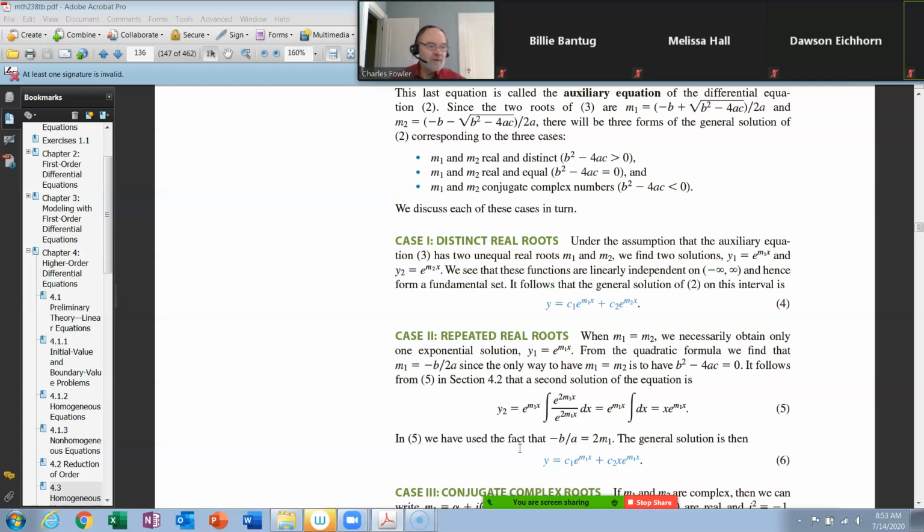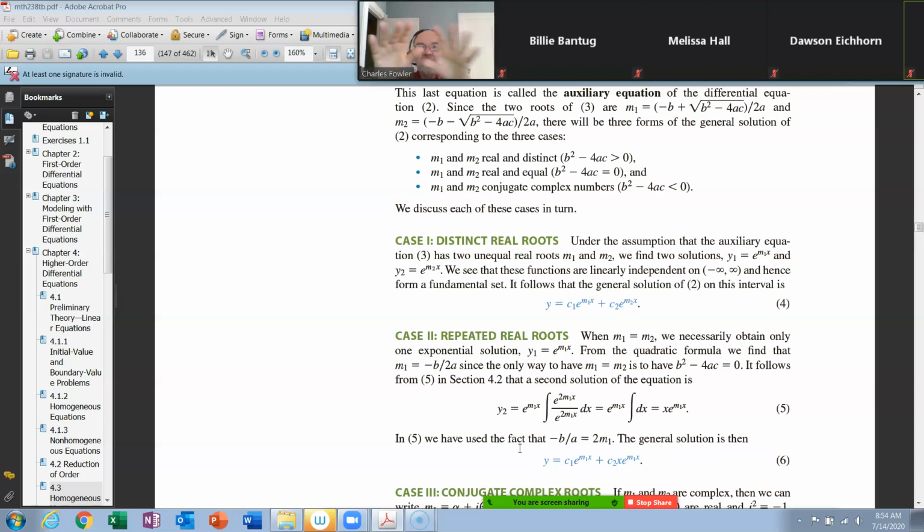Okay, good deal. We're in Chapter 4, Higher Order Differential Equations, Section 4.3, which is homogeneous linear equations with constant coefficients. I can't go over the whole thing with you, but the bottom line is, as long as every coefficient is constant, and homogeneous means that the differential equation is equal to 0, linear differential equation, your assumption is y is equal to e to the mx.